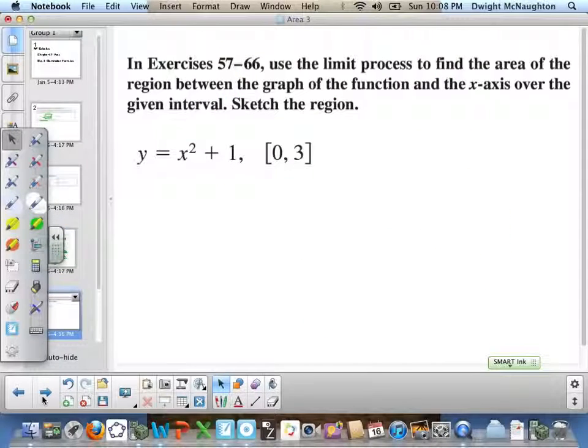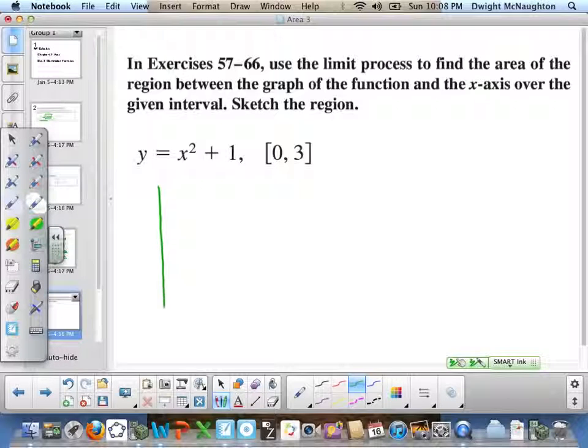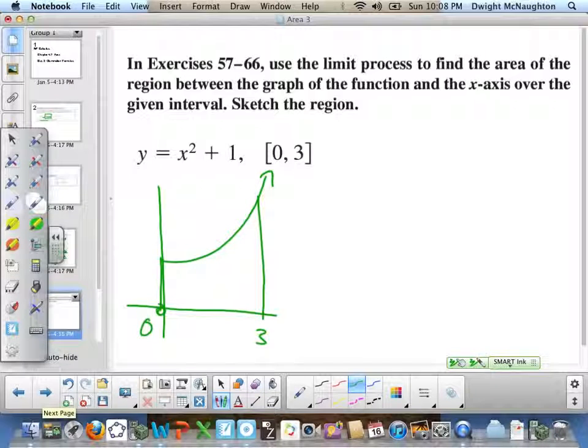All right, we're going to find the area under y equals x squared plus 1 from 0 to 3. Let's draw it out and sketch a few rectangles. Okay, x squared plus 1 from 0 to 3, and we're going to have a few rectangles.